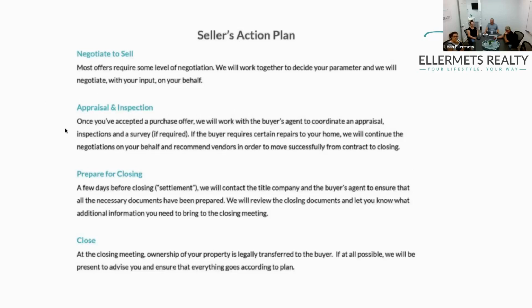If it ends up not appraising, then you are back to negotiation. What if you have a ton of different inspection issues that arise, repairs that you didn't know were coming? You're back to negotiation.